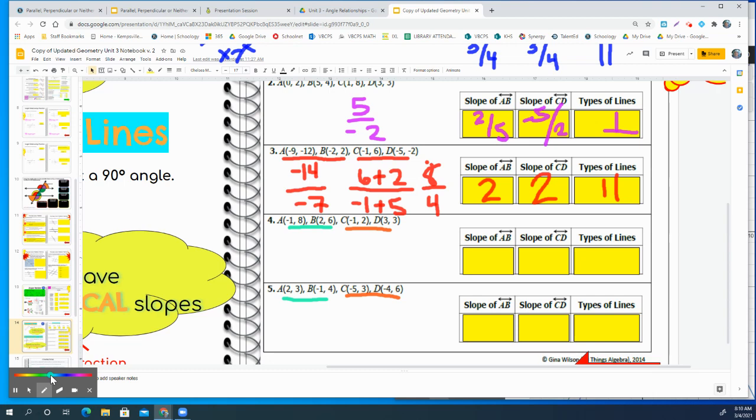And I see a -2/3. Which one has a -2/3? A and B for number 4. So A and B for number 4 is 8 minus 6 is 2. And -1 minus 2 more is -3. So -2/3.